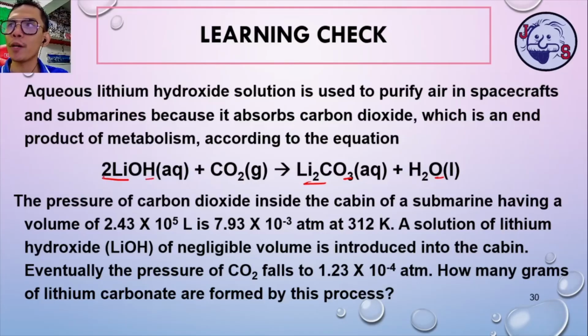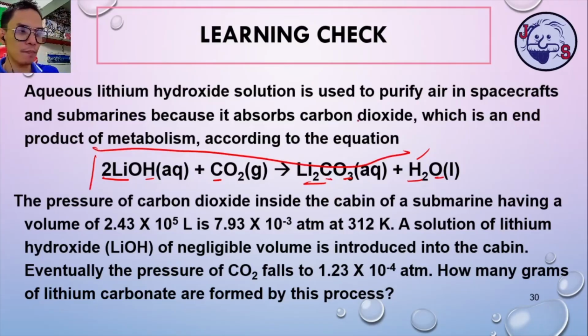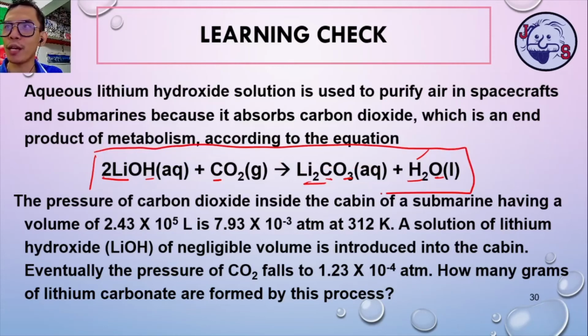We have 2 over here and 2 on the other side. Check, they are balanced. And we have the carbon dioxide: one carbon here and one carbon on the product side. So definitely this equation is balanced, and we are now good for the calculations.